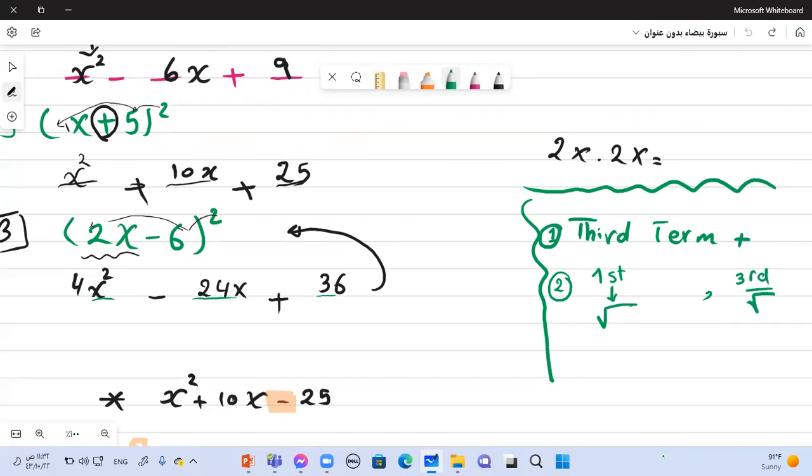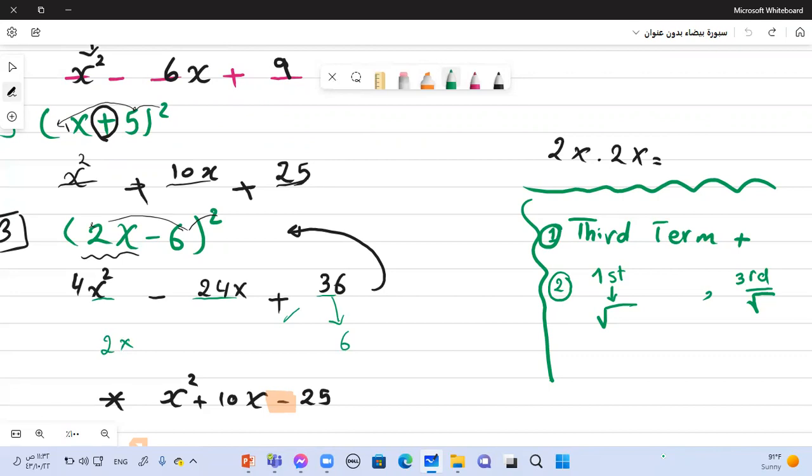Let's check whether the first important information is present. Is the third sign positive? Yes. You can find the root here? Yes. What is the root for 36? 6. What is the root for 4x squared? 2x. So I can find the roots.